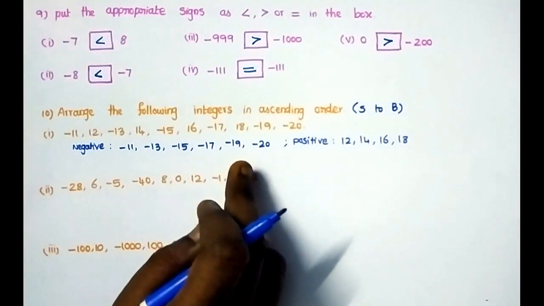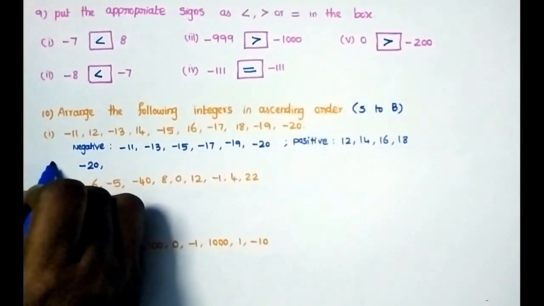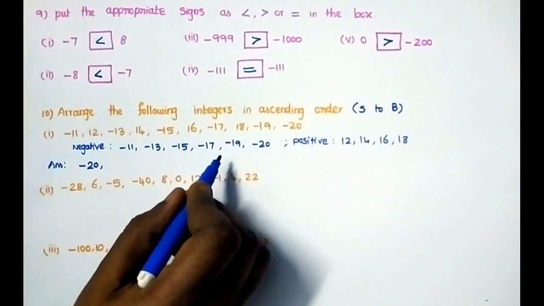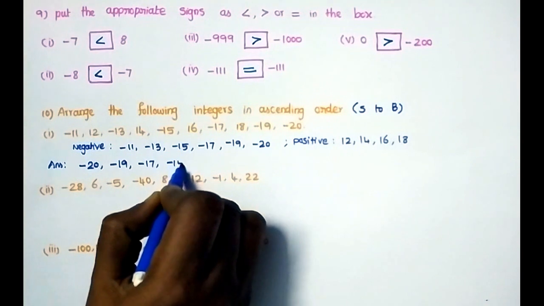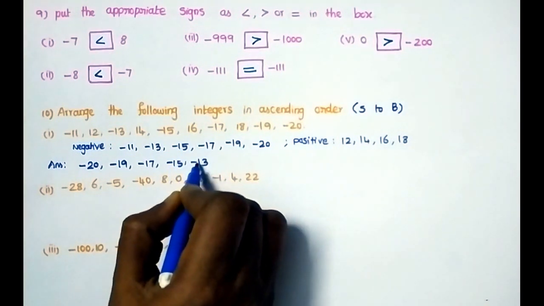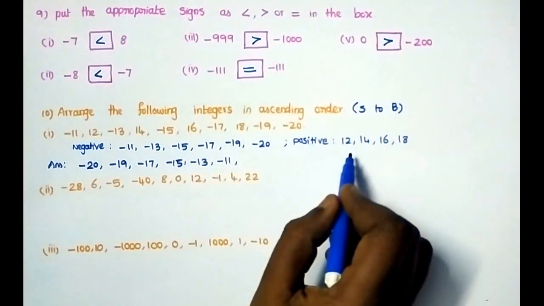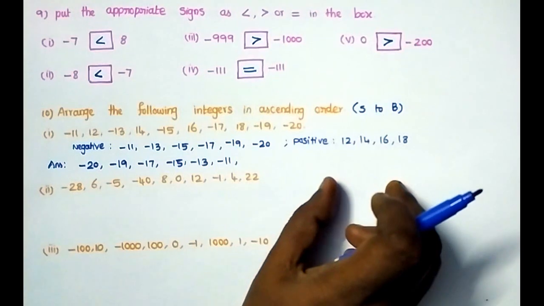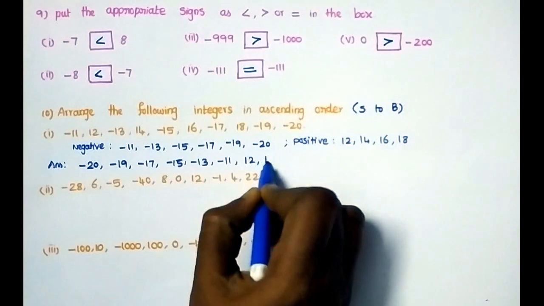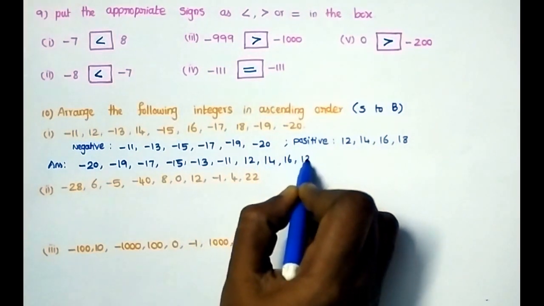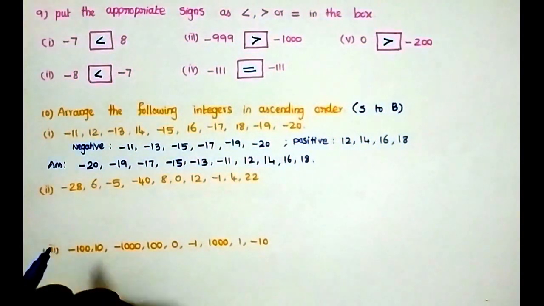So minus 20 and then minus 19, minus 17, minus 15, minus 13, minus 11, and then on the positive side, which one is the small number, that is small. So 12, 14, 16, 18, that is the answer.